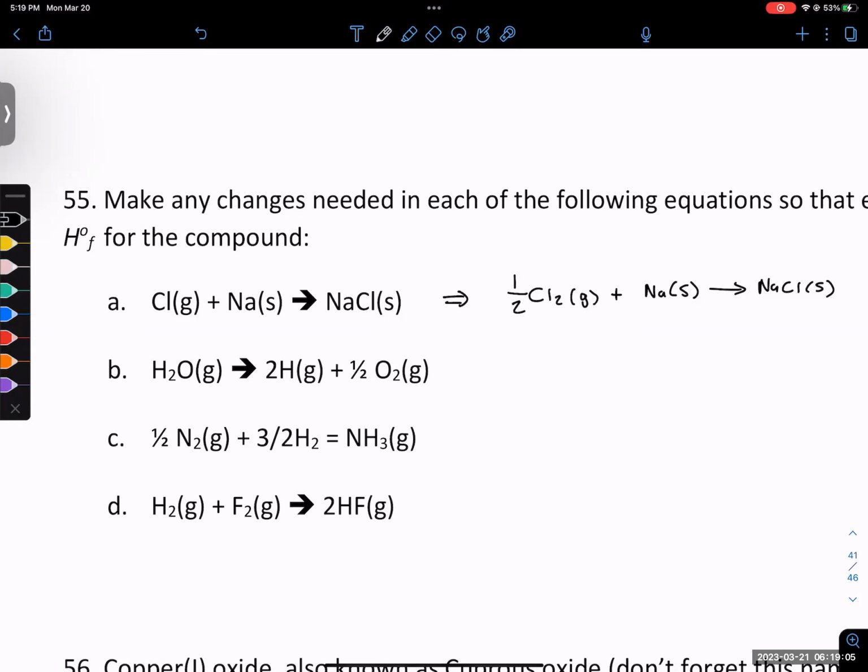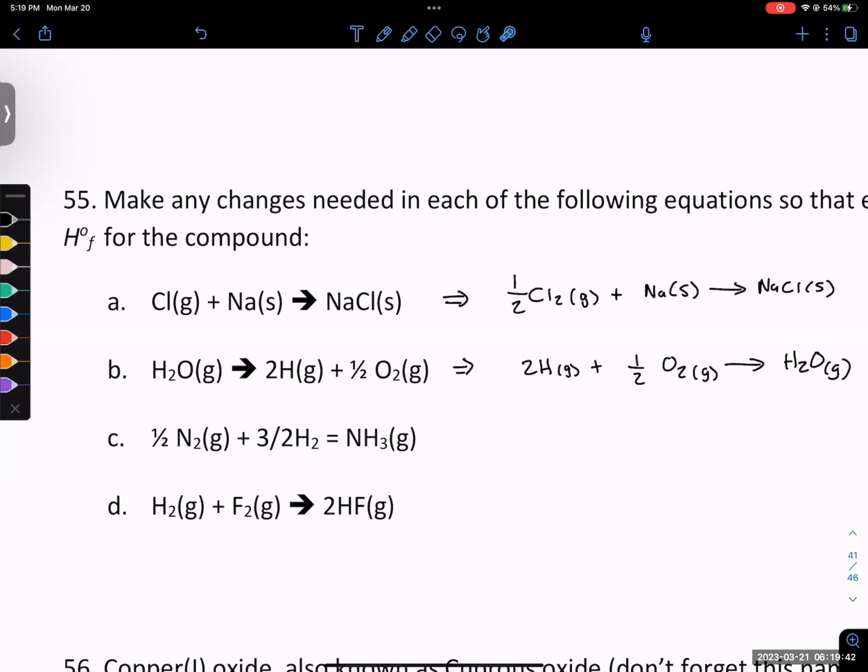So the first thing we have to do is flip it, so you would get 2H plus 1/2 O2 gas yields H2O gas. We realized that heat of formation is the amount of heat required to make 1 mole of a specific compound, right? And in this case, our specific compound is water.